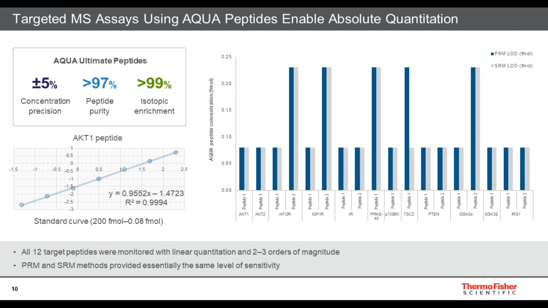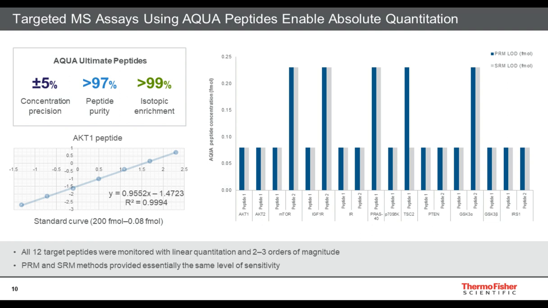So how do we develop these targeted mass spec assays using the AQUA peptides so that we enable absolute quantitation? Here are the specifications for AQUA Ultimate grade peptides that we use. They come with plus or minus 5% concentration precision, more than 97% peptide purity, as well as more than 99% isotopic enrichment.